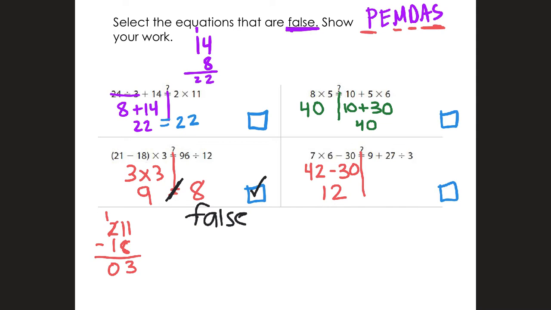I have to ask myself, what times 3 equals 27? 9 times 3 is 27, and then I have to write the rest and solve. 9 plus 9 is 18, and 12 and 18 are not the same. They are not equivalent. So therefore, this is false. They are not equal to one another. And I will be selecting it because they want me to select which equations are false.